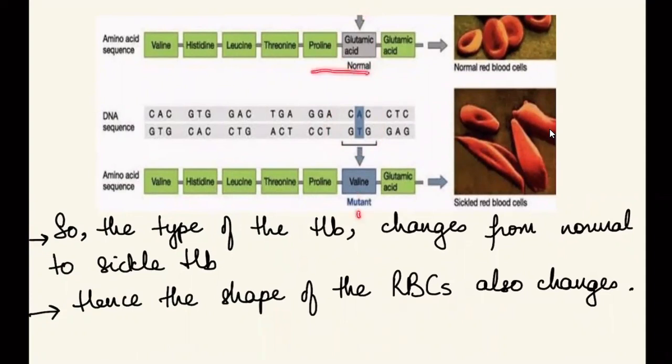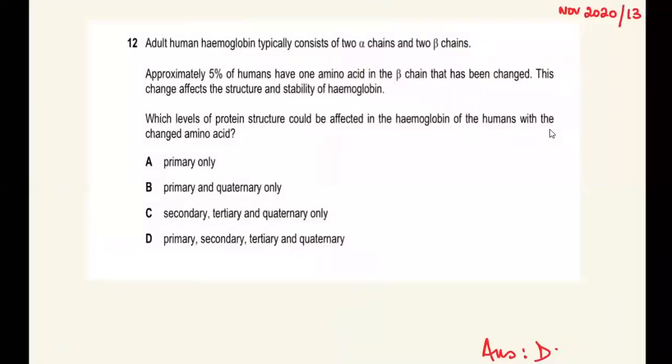When you have glutamic acid, your hemoglobin is more soluble and your red blood cells are biconcave discs. When you have valine, your hemoglobin is less soluble and the red blood cells shape is sickle. So hence the mutation. Very commonly asked question.